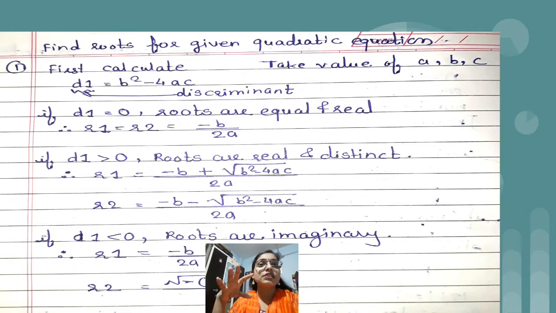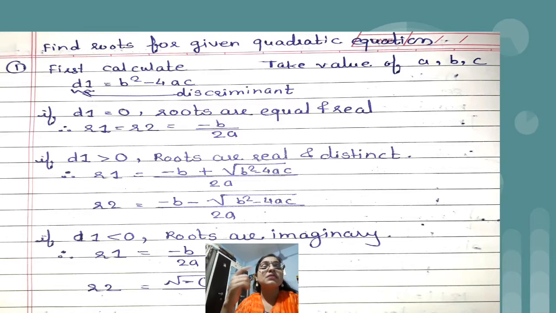Then one more case can be there, that is when the d1 value is less than 0. In this case, whatever roots we get are imaginary. For the same, I have given the respective formulas: r1 will be minus b upon 2a, and r2 again within a square root, minus d1 upon 2a will be the calculation.